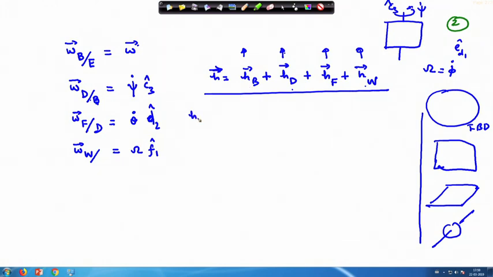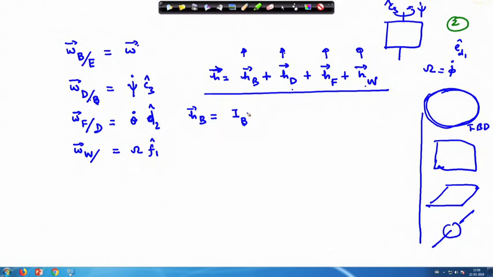So, the first term H b will be equal to the moment of inertia of the B frame. B frame means it is the main satellite body, which excludes the CMG.